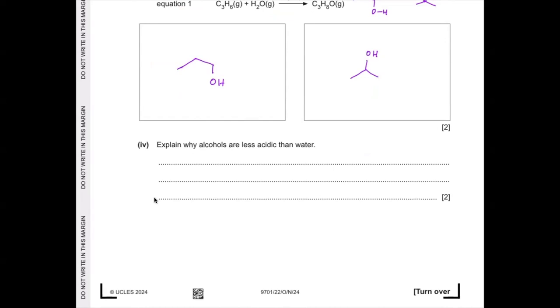So we can write the answer that alcohols have alkyl groups which are electron donating in nature.